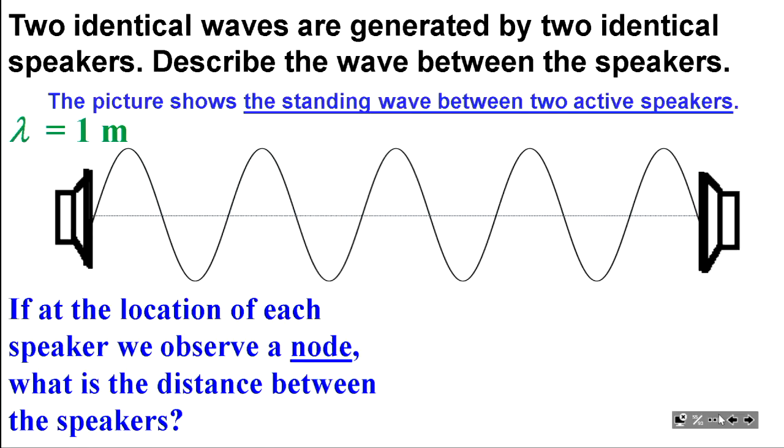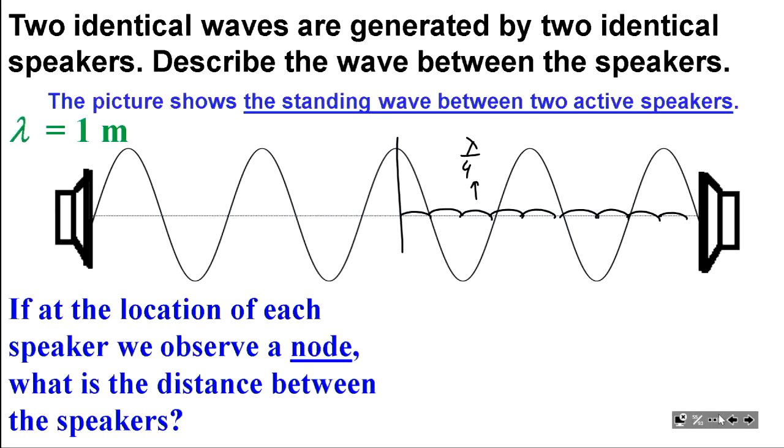Different people would have been doing differently. I always count quarters. For me, it's much easier than do anything else. So from the middle point, I have 1, 2, 3, 4, 5, 6, 7, 8, 9 quarters. A quarter of a wavelength.